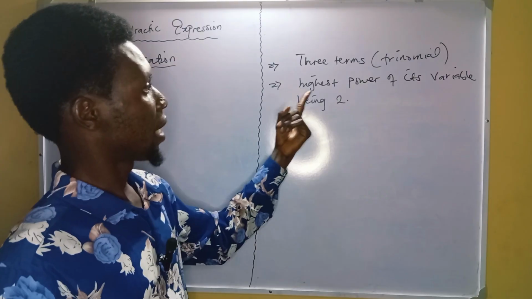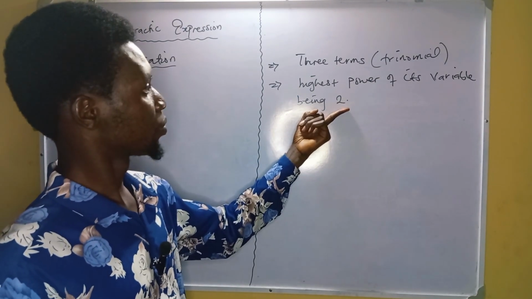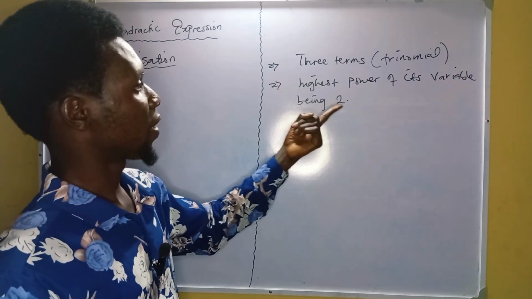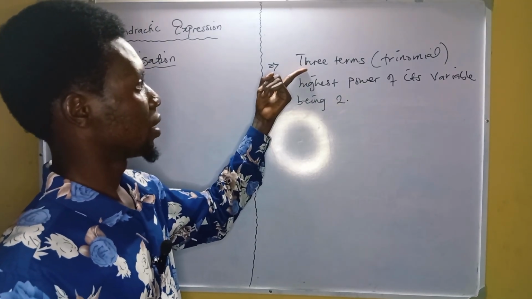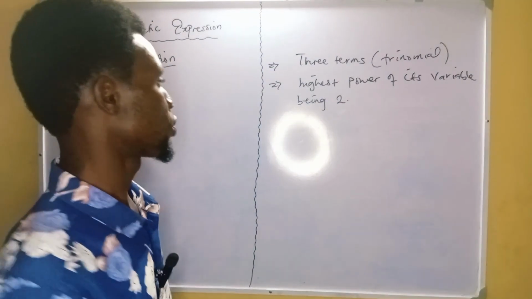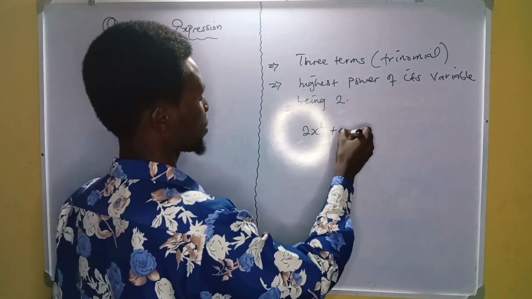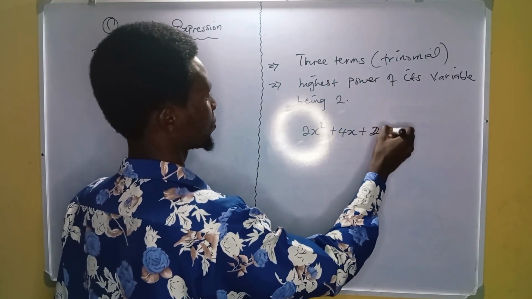So now the highest power of its variable is what? Is 2. The highest power of its variable is 2, and the expression is a 3-term expression. So you always have a 3-term expression. You can have a 3-term expression of this form.